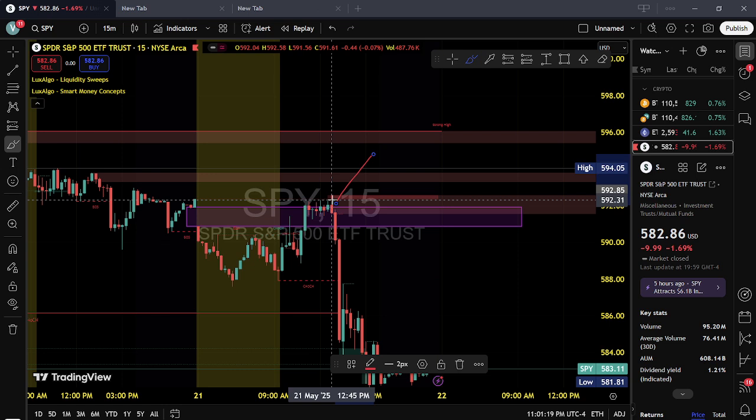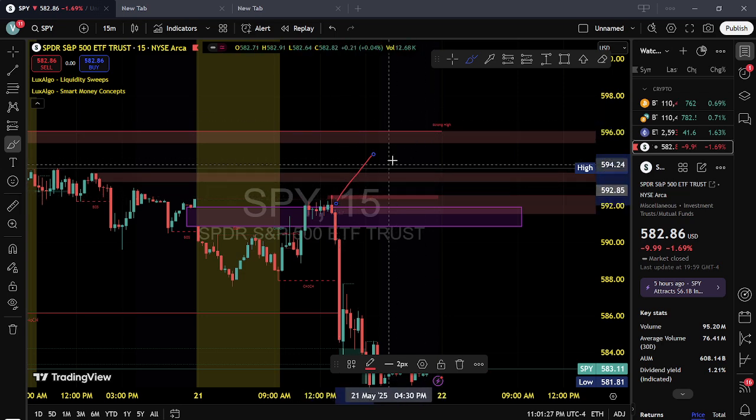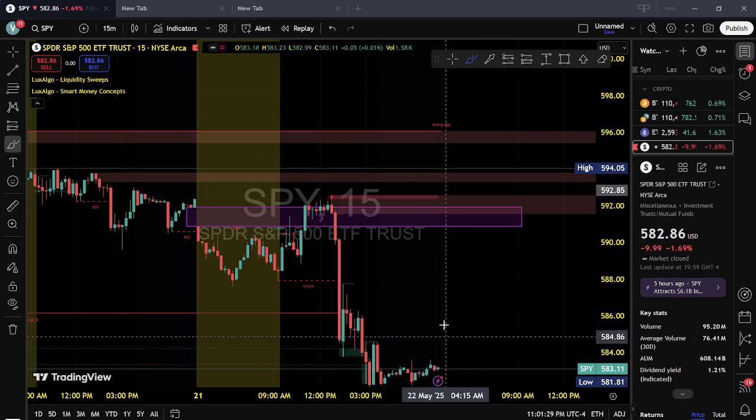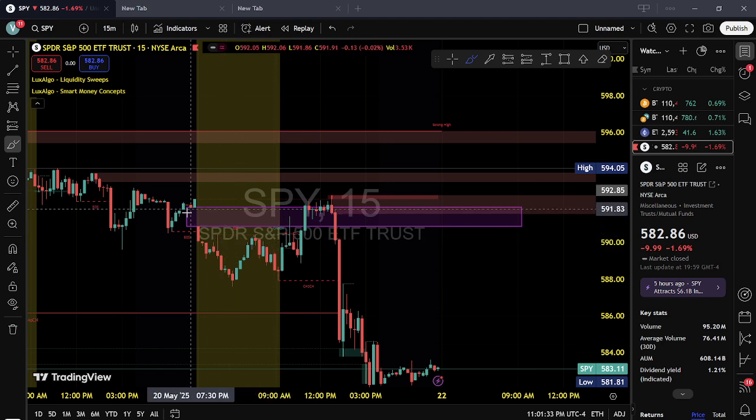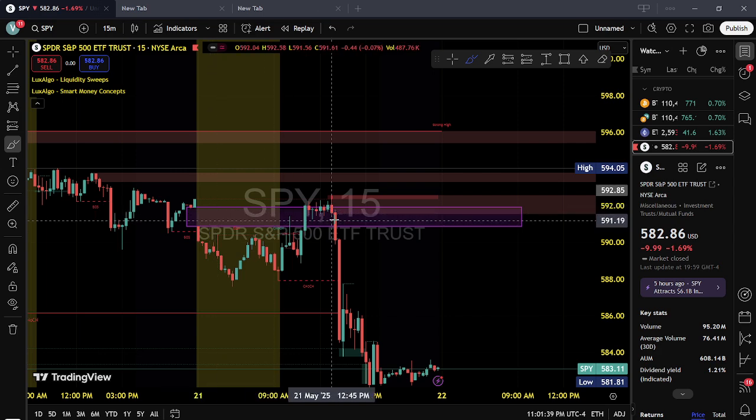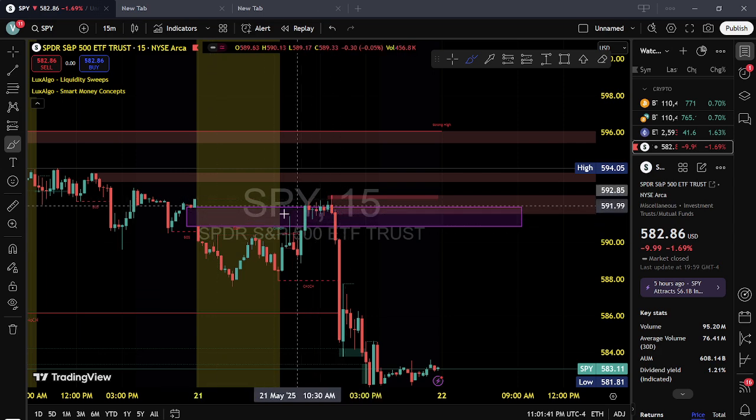So the sentiment and flow of the market was pretty much bearish. As I said, whenever there is a gap down or gap up, the market always tries to fill that particular gap, and this was expected.